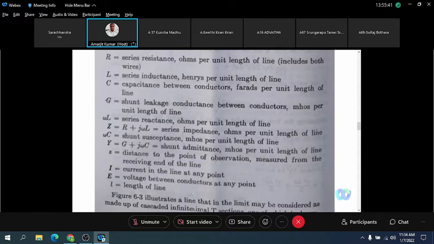So what will be the current and voltage? Will it be constant like we did in a lumped circuit model, or will it be variable? The voltage and current along the transmission line: will it be constant or variable for the distributed uniform transmission line?